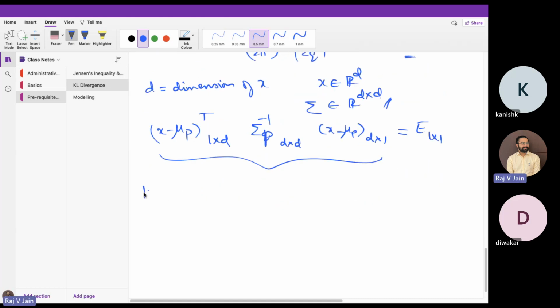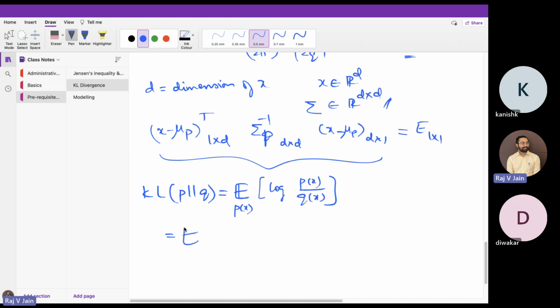Now let's look at the KL between P and Q. This can be seen as an integral, or we'll do it a bit easier. This is basically the expectation over P of x of the quantity log P of x by Q of x.